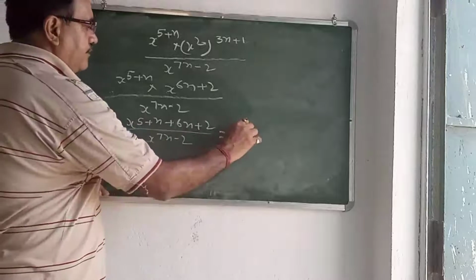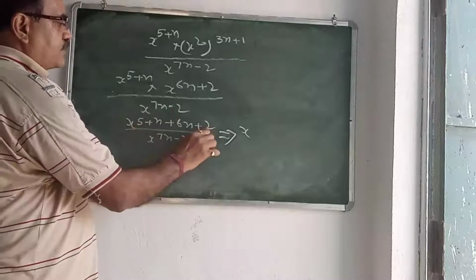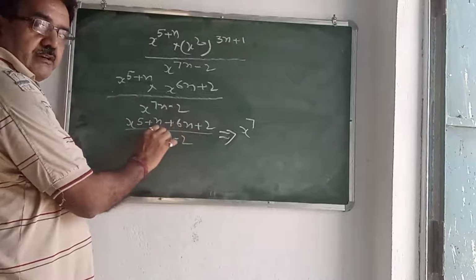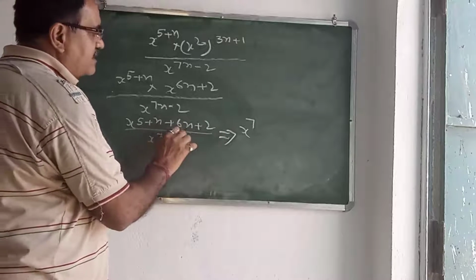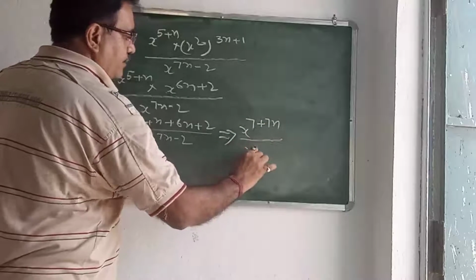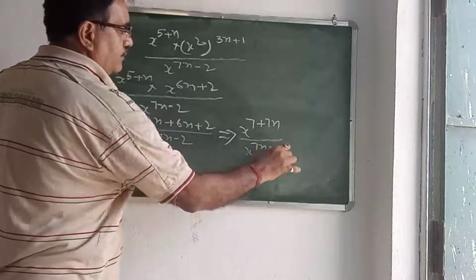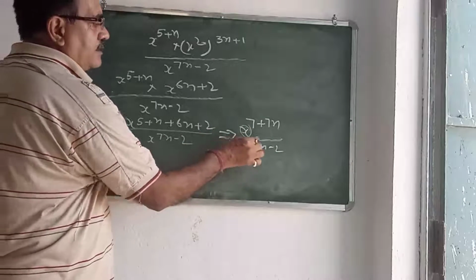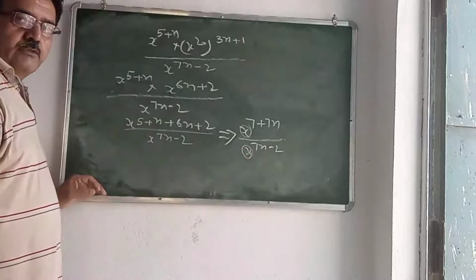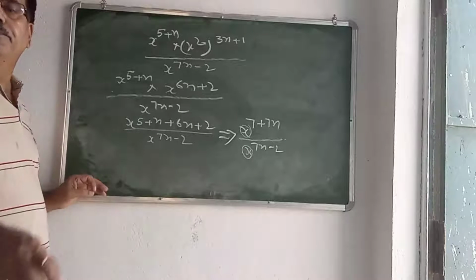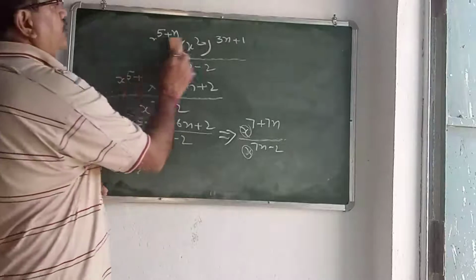So 5 plus 2 is 7, and n plus 6n is 7n, by x to the power 7n minus 2. Now same base and this is a division sign. What is the second rule of exponent? Their power will be subtracted. Subtract the power.